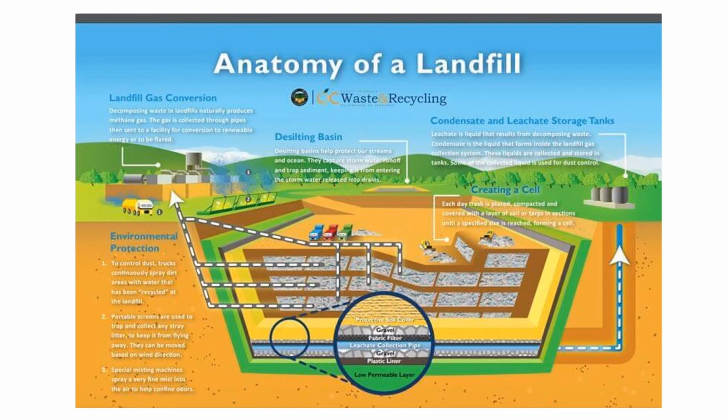Here's another picture, an anatomy of a landfill. If you guys want to pause and take a look at this diagram, I really like this diagram. You can see that bottom layer there, and kind of see the way that they start a landfill, build the blocks, collect that methane again, and collect the leachate, treat it, store it, and all that good stuff.